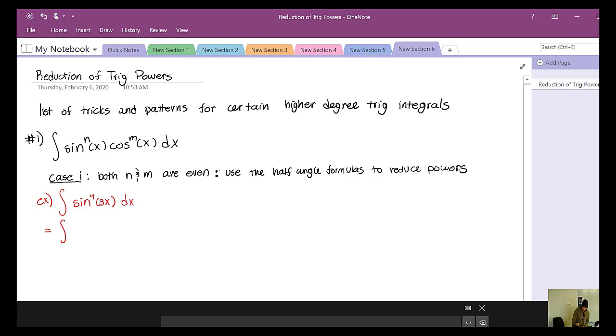Sine squared of x, like you said, is 1/2 times 1 minus cosine 2x. And cosine squared is the same, but plus cosine 2x.